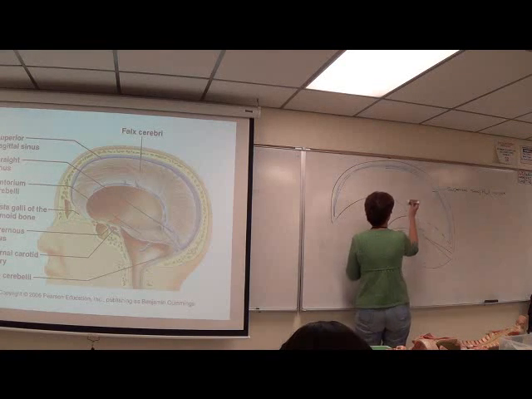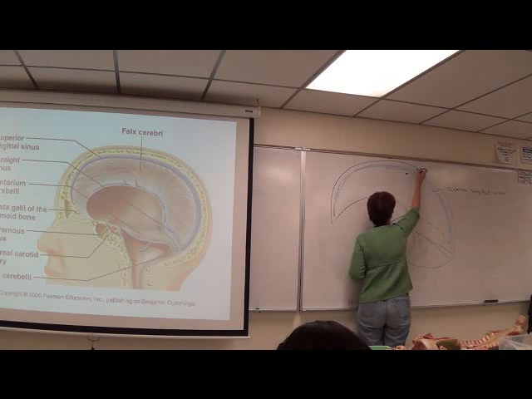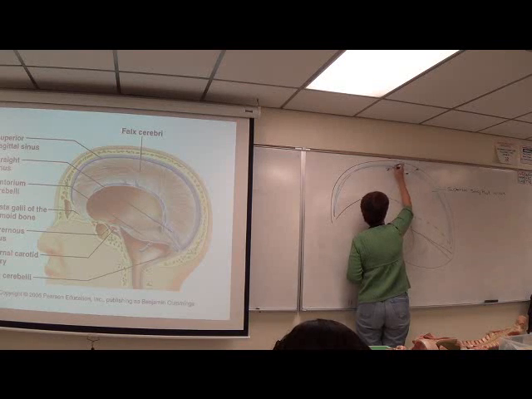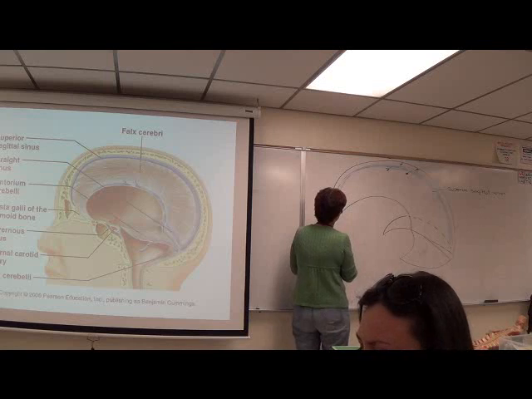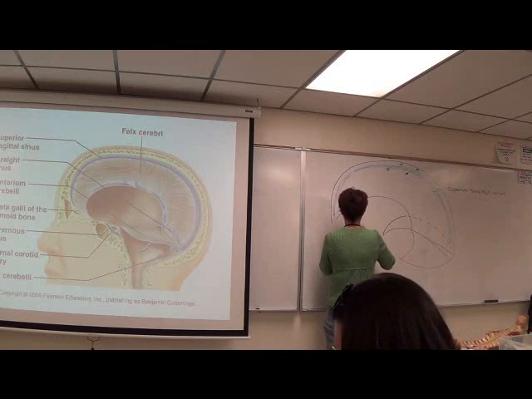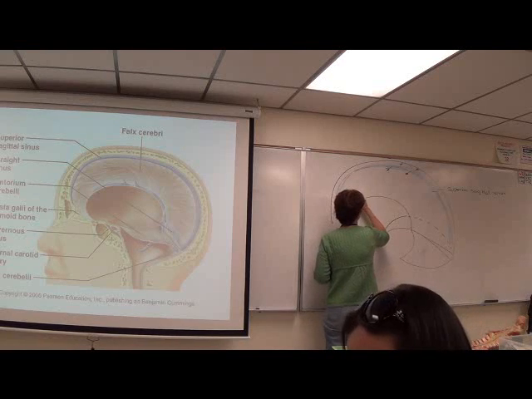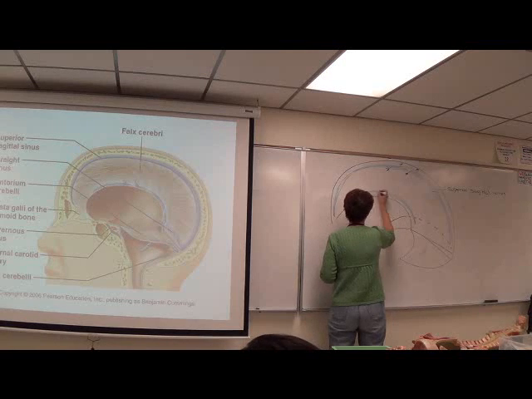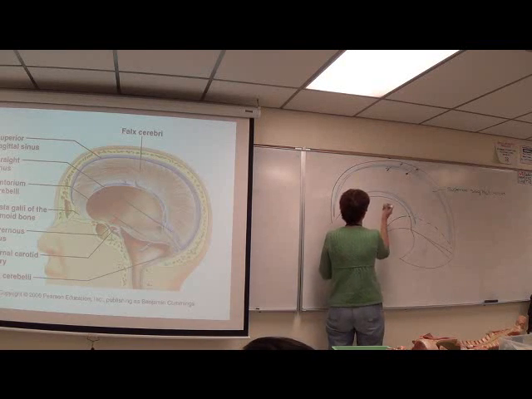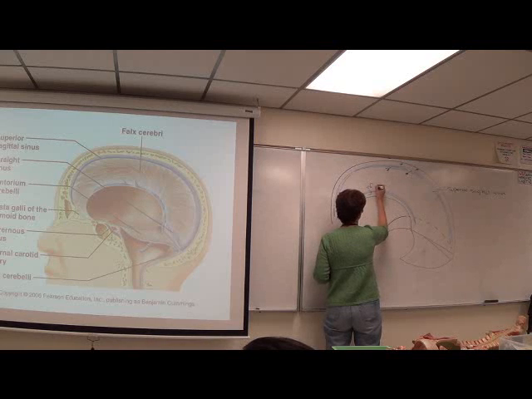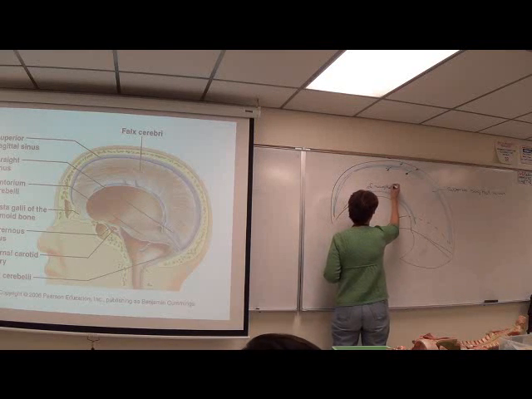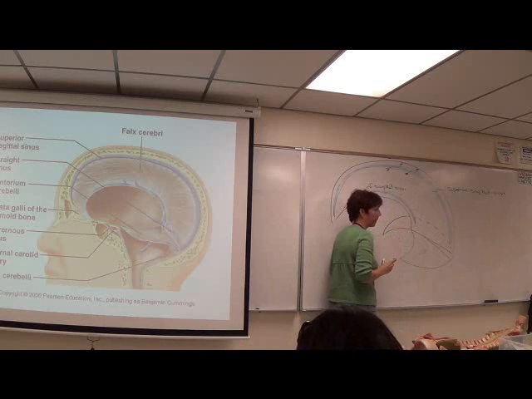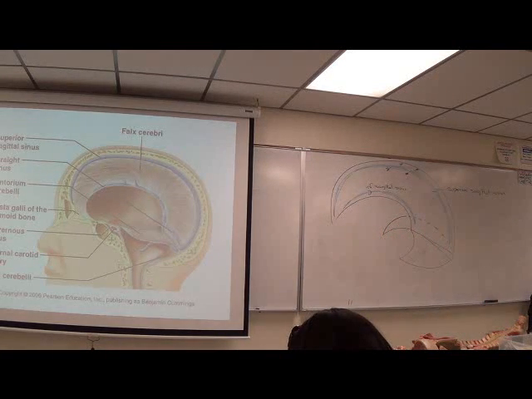And we would have our arachnoid villi kind of draining into that. Then down here we have our inferior sagittal sinus, which is much more irregular and not as defined a space. And these are listed on the bottom of page 40.